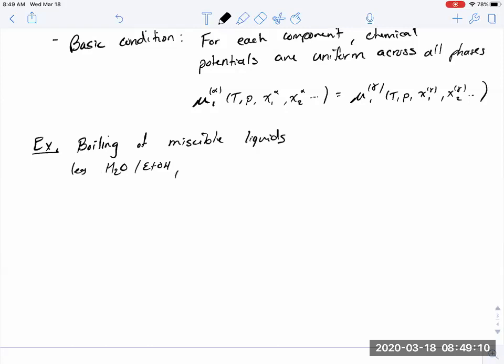It might be toluene or benzene, or a whole host of other two-component fluids. We'll specifically think about water and ethanol today. I think you will tackle a solution of toluene and benzene on your problem set. And let's do this at fixed pressure.